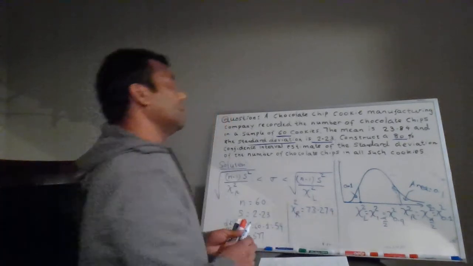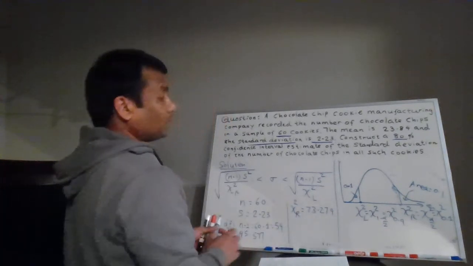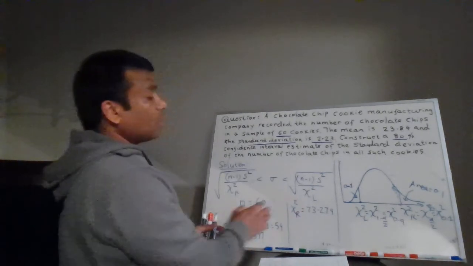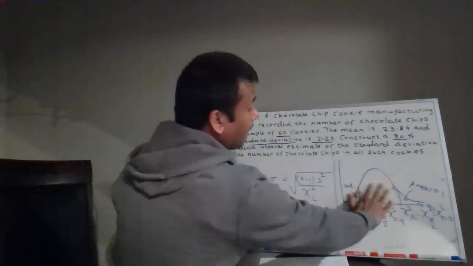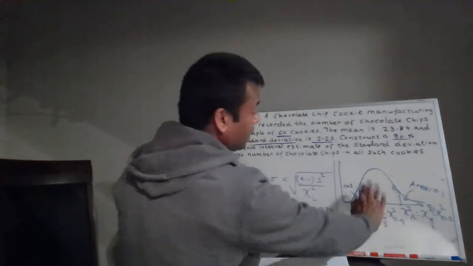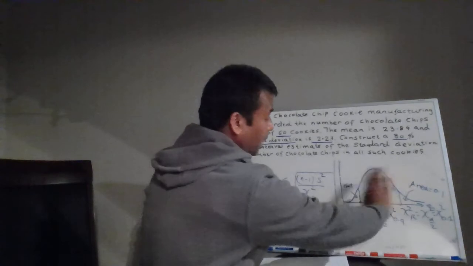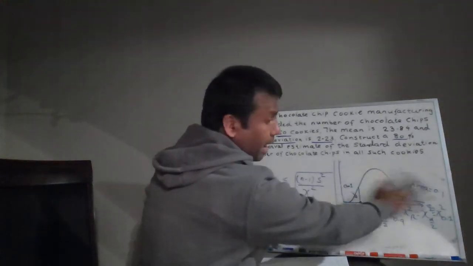In the table you have to look at the area to the right. This area to the right is 0.1, so the area to the right of the left critical value is 0.9.